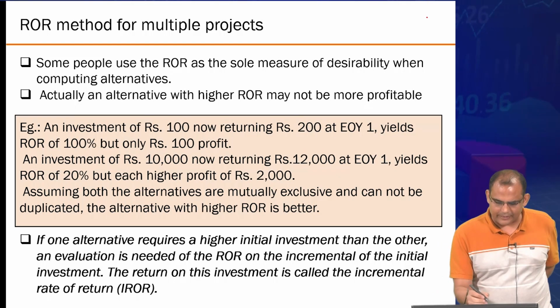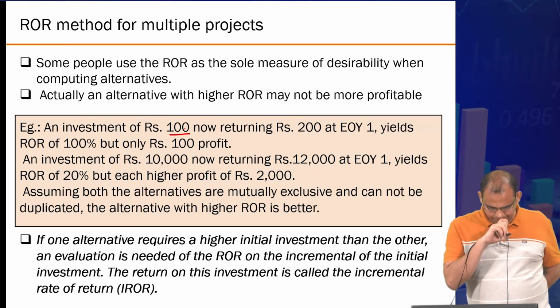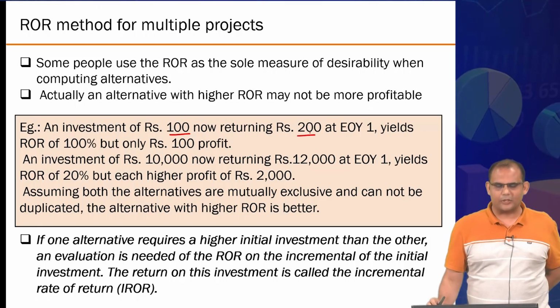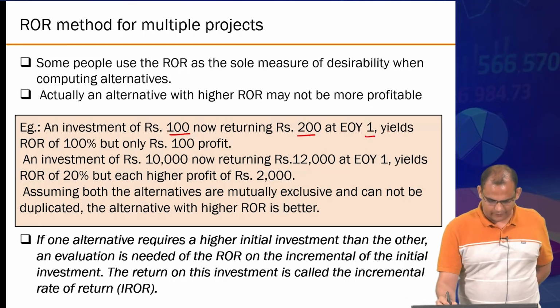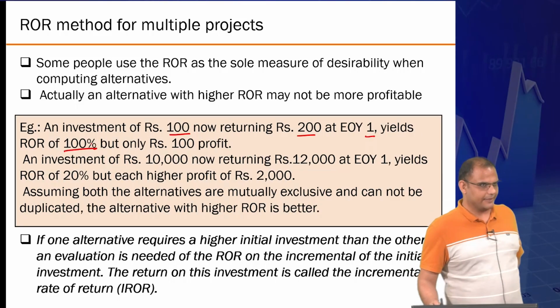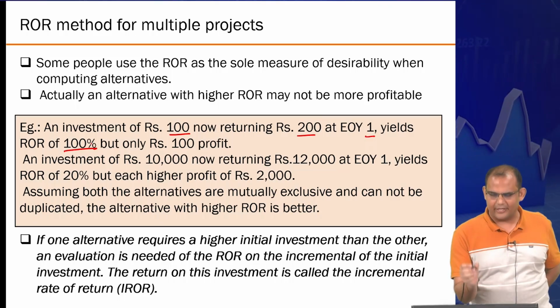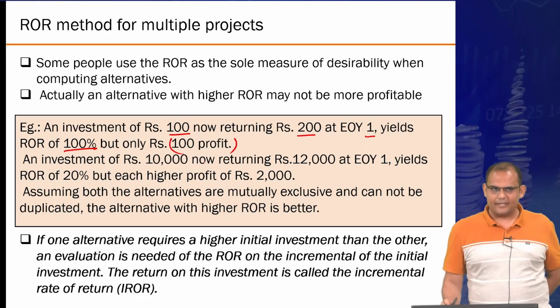What happens is, suppose you consider an example, let's say an investment of 100 rupees returns you a total of 200 rupees at the end of year 1. So, your rate of return in this particular case is 100%, right? But the absolute amount of money that you are making as profit is just 100 rupees, right?